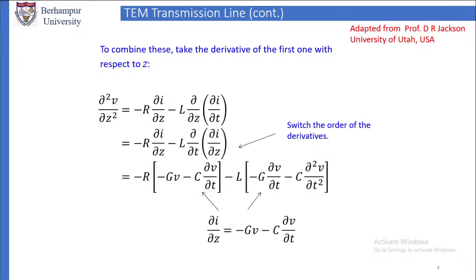If I put that, the right hand side becomes −R (−GV − C ∂V/∂t) − L (−G ∂V/∂t − C ∂²V/∂t²). Now you can see that we can rewrite this equation easily.